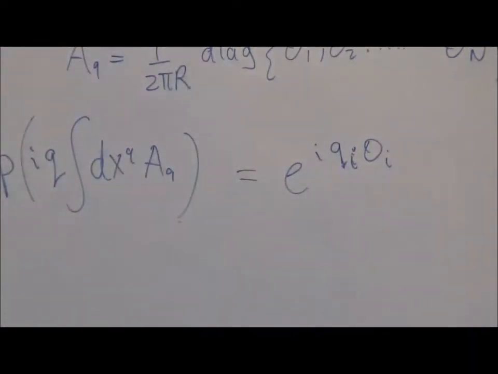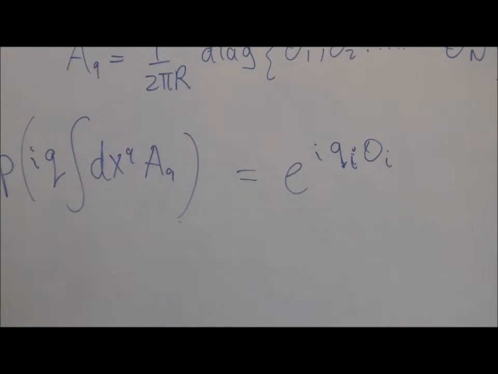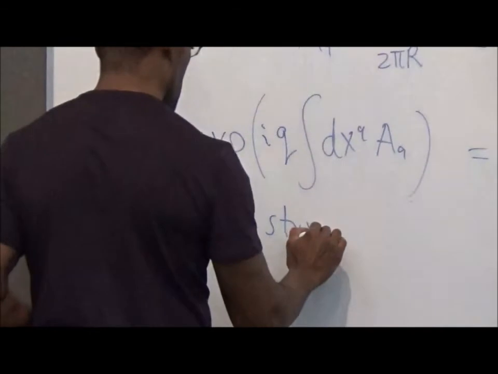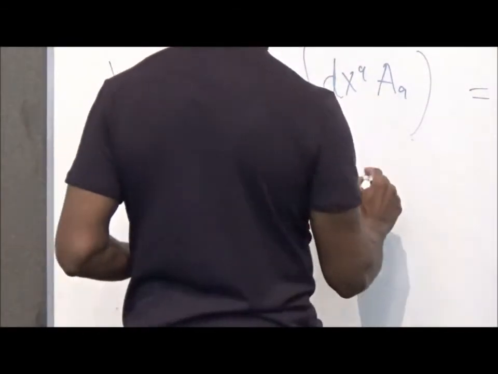Okay. Well, the point is that the things that are charged under that U(1) are, of course, the ends of the string. And so the ends of the string, in the normalization we're using, are unit charge.